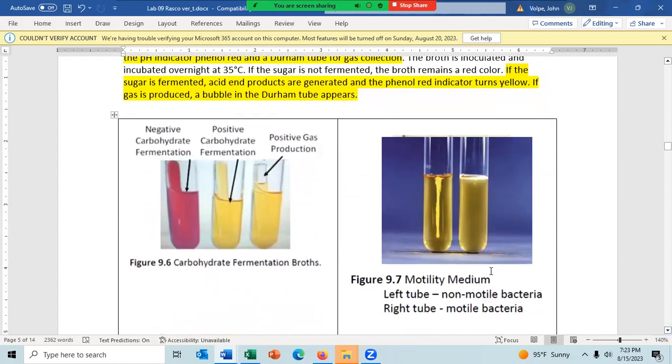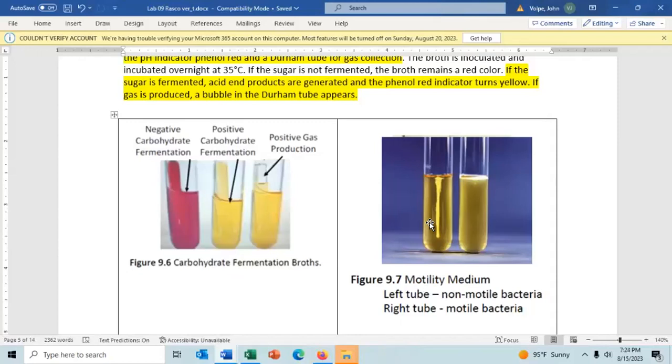All right, let's talk about the motility medium. The motility medium is a semi-solid agar that is lower in agar than is normally found. And the bacteria can actually swim through this semi-solid agar. So it's not entirely solid, it's semi-solid. What you do is you stab inoculate with a needle, making a straight stab down into the tube.